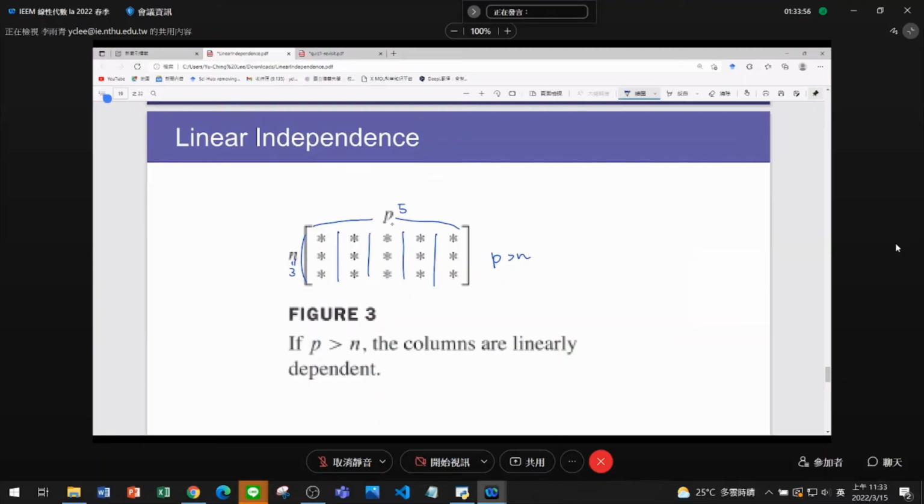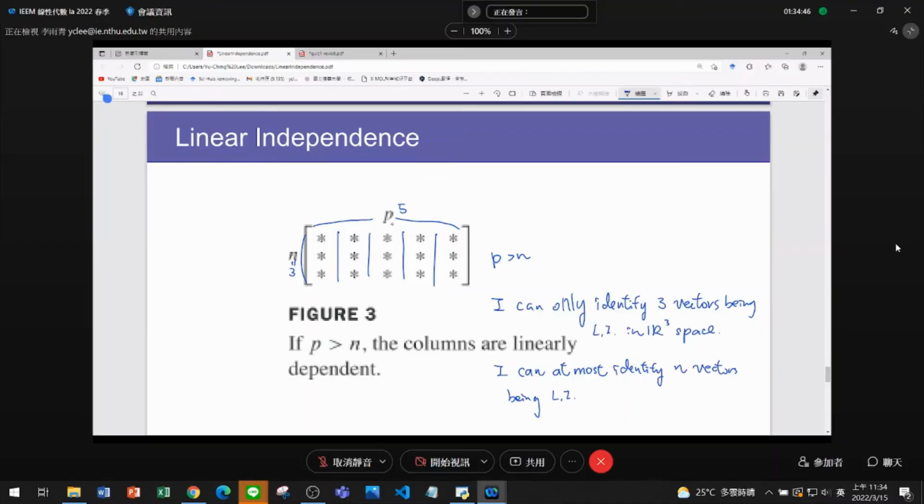Basically, I can identify at most n vectors being linearly independent in the Rn space.